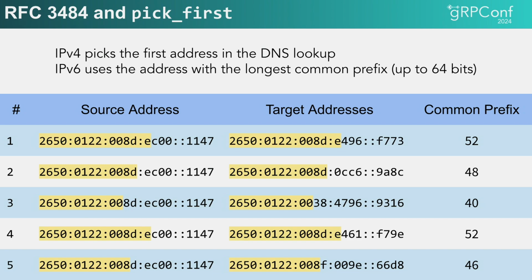In IPv4, you get back the IP addresses in the order that are present in the record. In IPv6, you actually get them according to a very specific set of rules dictated by RFC 3484. The IPs are sorted based on the target and how close it is to the source IP, up to the first 64 bits. So you're basically just doing a longest prefix match.